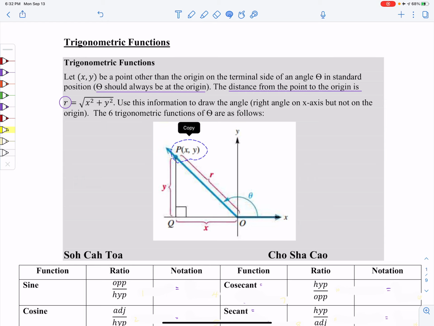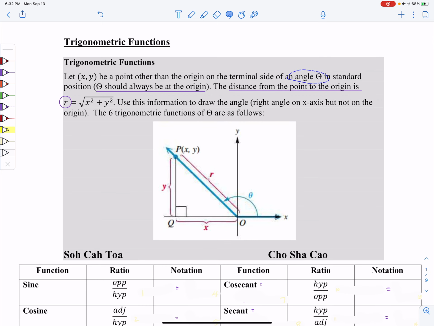It's just going to be somewhere on the coordinate axes. Your terminal side is going to be going through that point (x, y), and the angle theta is going to be in standard position. Now, one thing that you just need to really hang on to is that theta, when you draw it, is always at the origin. Always, always, always.